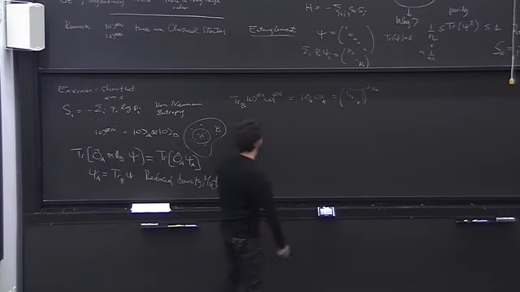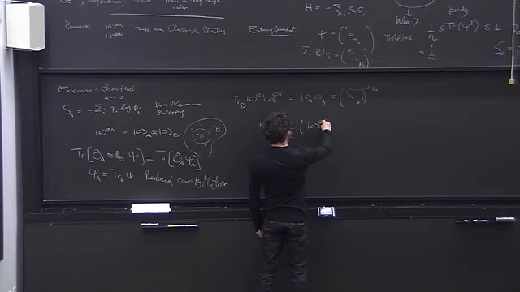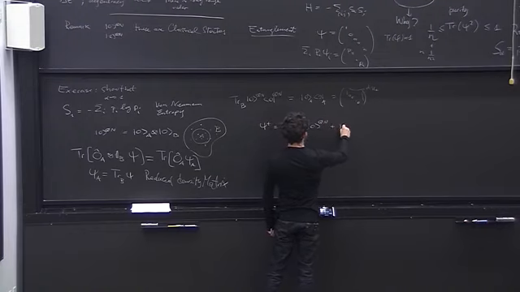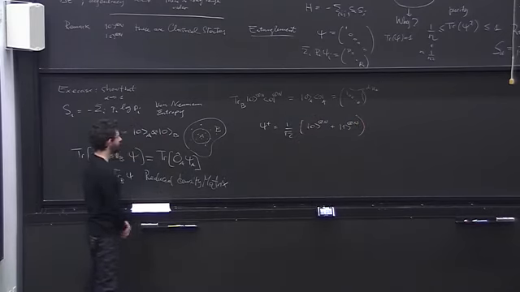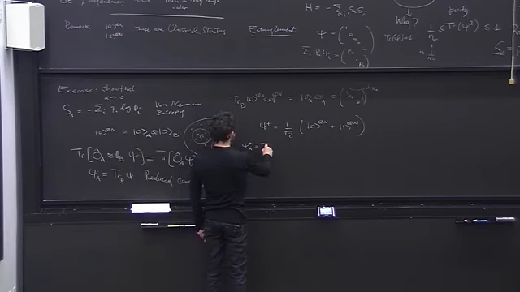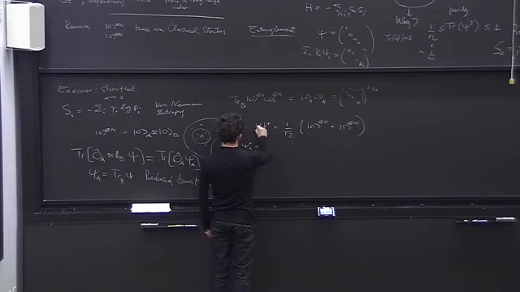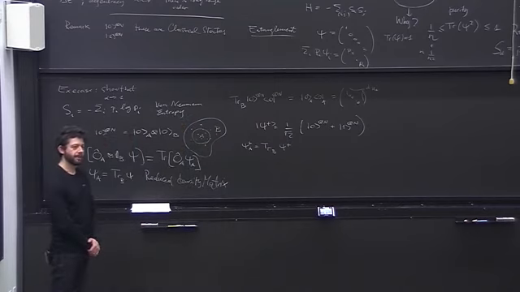But now let's look at our state psi plus. That, as we said, is 1 over square root of 2 of 0 tensor n plus 1 tensor n. And let's do the same thing, right? Let's take psi plus A, which is the trace over B of the full density matrix of psi plus.